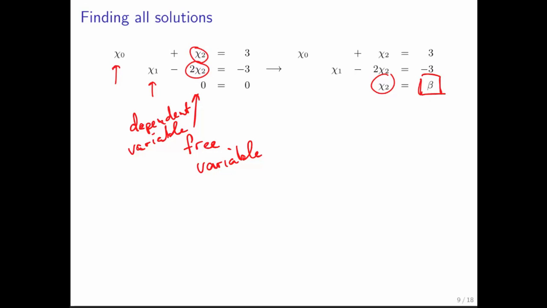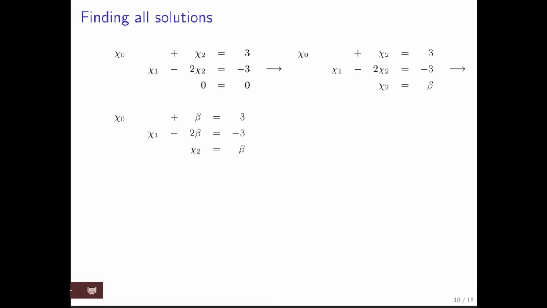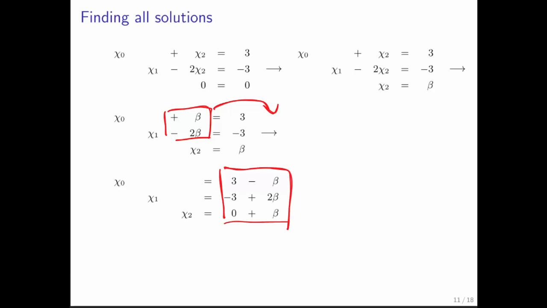Now what did we do before if we found out that some variable had a specific value? Well, in this case not a specific value, but a value beta. What we did was substitute it back in for that variable in the other equations. So we get this. We can bring all of these other terms to the right hand side, and we end up with this right here.